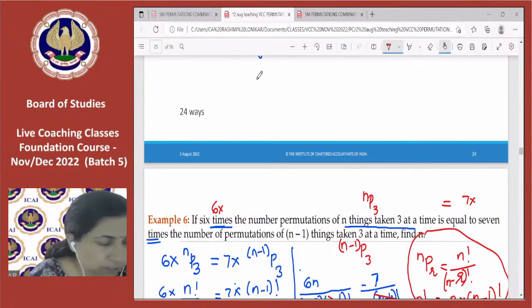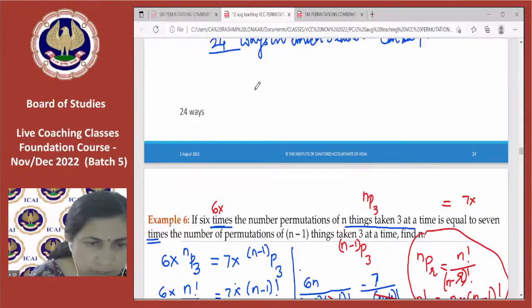What happens here is this. Let us say that n is equal to 7. Then here we are talking of n minus 3 factorial in the denominator.